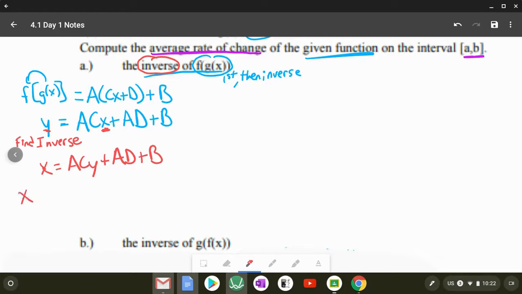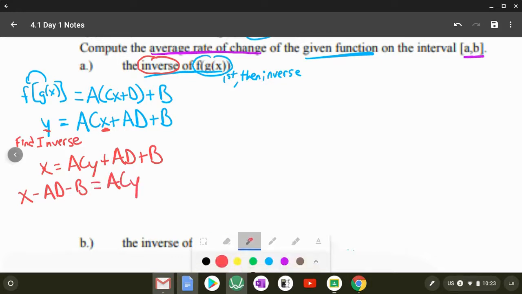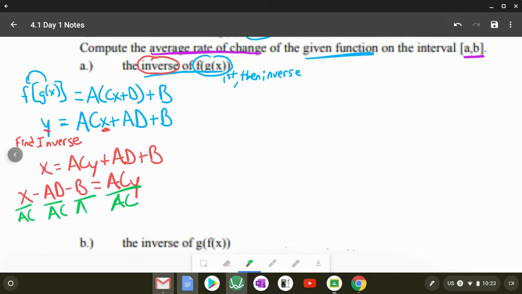So when we go ahead and do that, we have x minus ad minus b equals ac y, and then we got to divide everything by, let's go green, divide everything. It's going to make it easier when you're plugging in, if you divide everything by that.